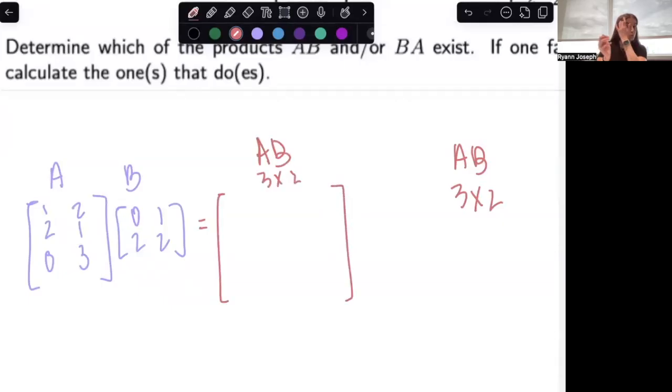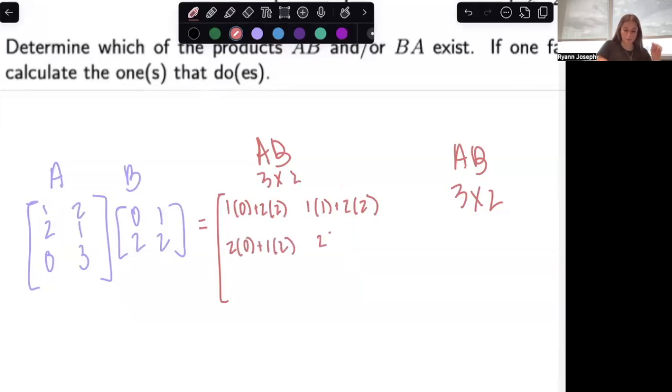All right, row times column. Row times second column. Now we're in the second row times the first column. Second row times the second column.